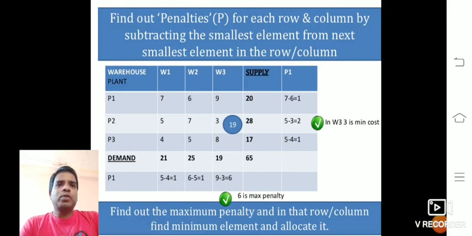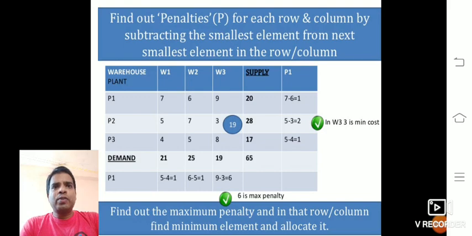Now coming to the P2 row, the smallest cost is 3 and the next smallest is 5. We subtract 3 from 5, 5 minus 3 gives 2, so 2 is the penalty. Now consider the third row: the smallest element is 4 and the next smallest is 5, 5 minus 4 gives 1, so 1 is the penalty.